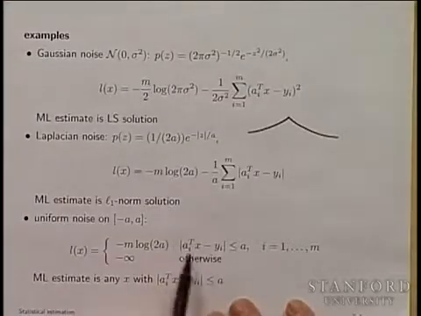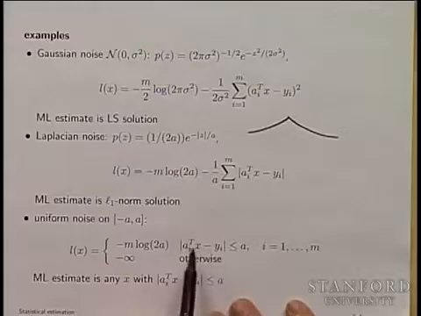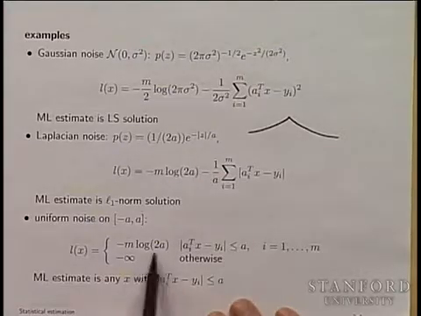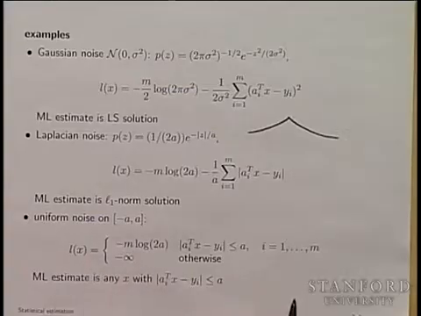And sure enough, the log likelihood function is this. It's minus infinity unless all of these measurements are consistent within A. They have to be. But then it's just a constant. So here, the log likelihood function actually takes on only 2 values. It's a constant, and it's minus infinity.